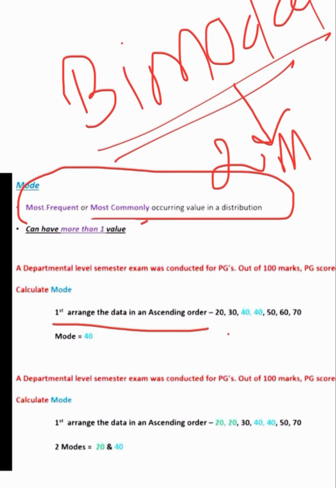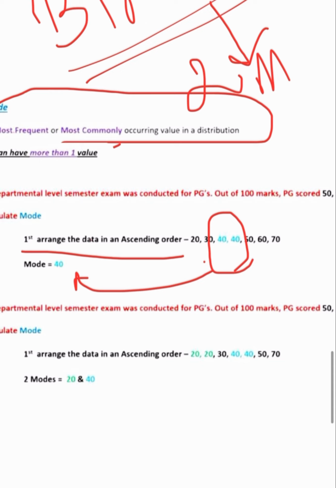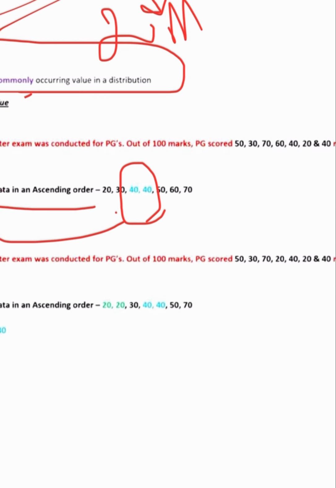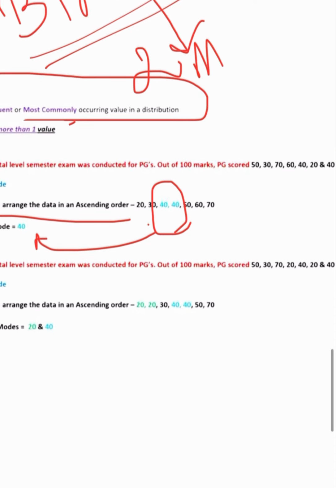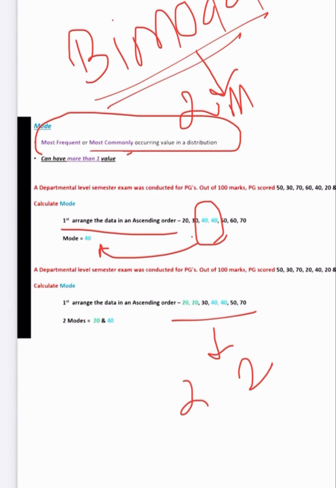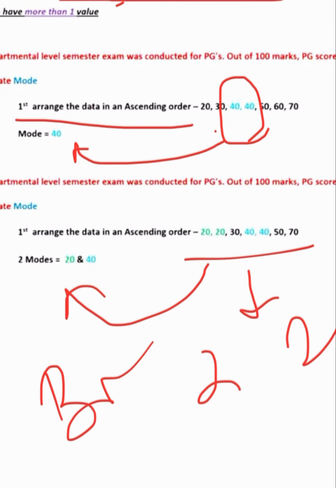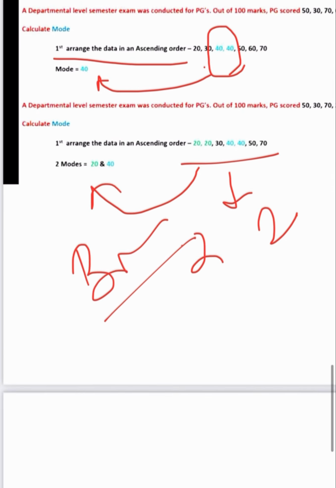Arrange in ascending order, then the most frequent value is 40, so your mode will be 40. Second example, the data is 50, 30, 70, 20, 40, 20, 40. Arrange in ascending order, then there are two frequent values, that is 20 and 40. Your data has two modes, so it is a bimodal distribution.